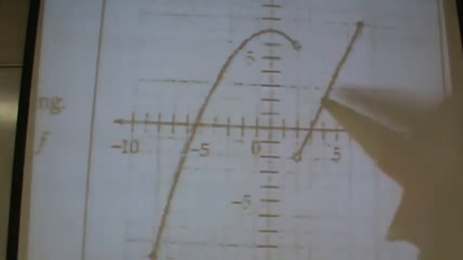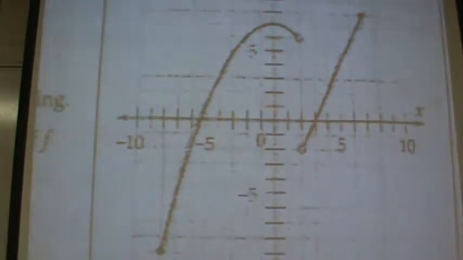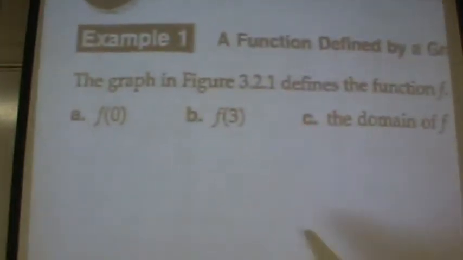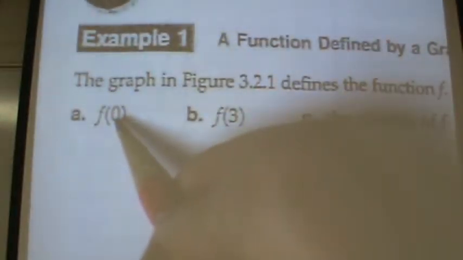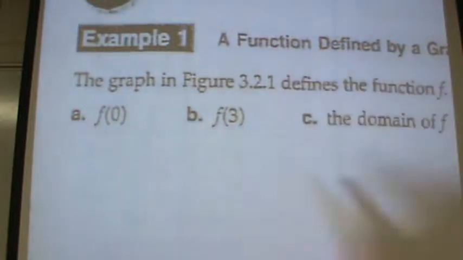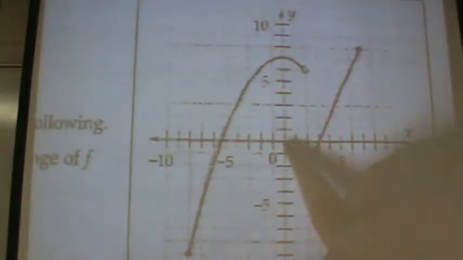If I ask you to evaluate this function at a couple places, for example, evaluate f of 0, what does this 0 represent, the x or the y value? The x. So if you were to go to 0 on your x-axis, what's the output?